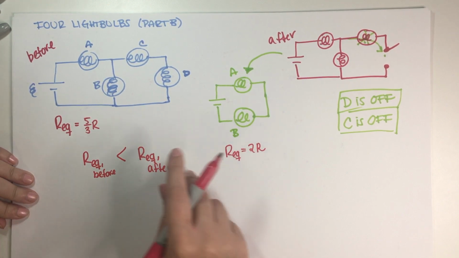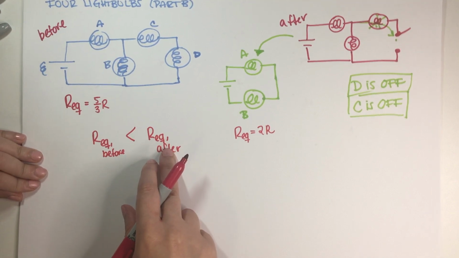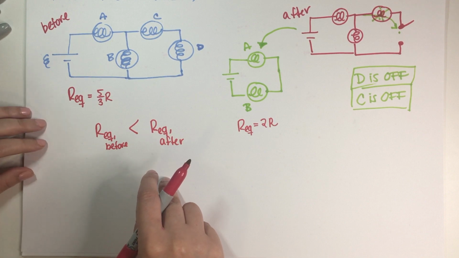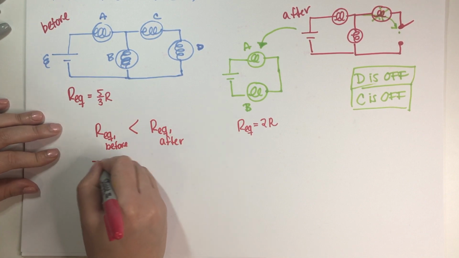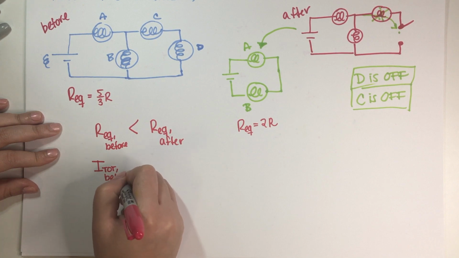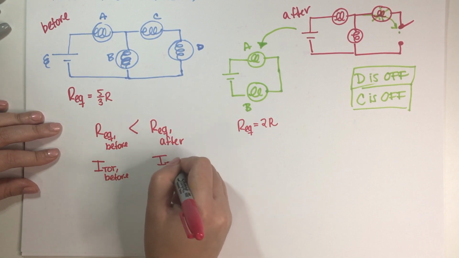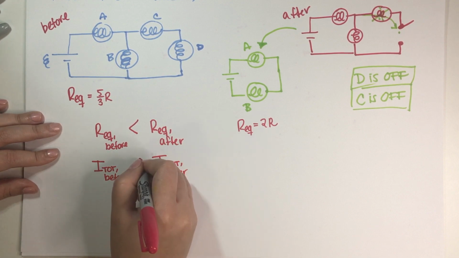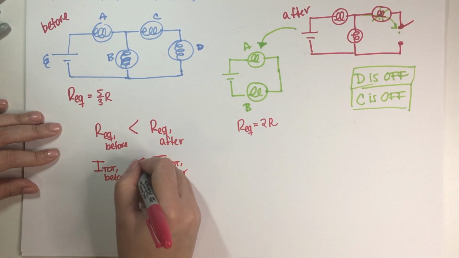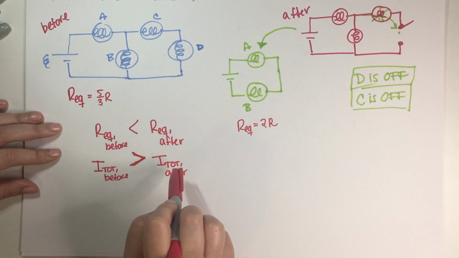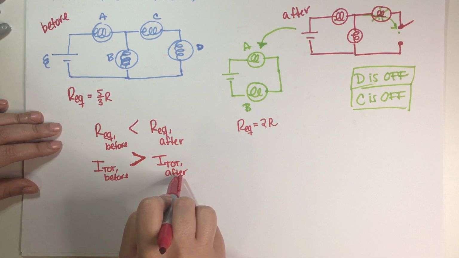So now, because my equivalent resistance increased, what's going to happen if I loop around, you're going to see that my total current actually decreased. If you increase your total resistance, then your total current decreases.